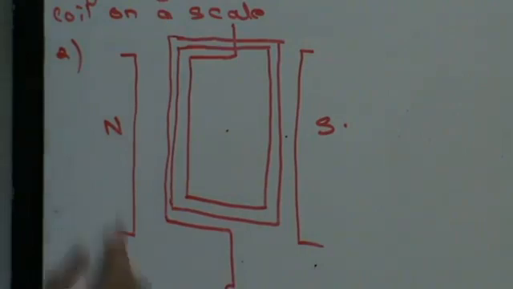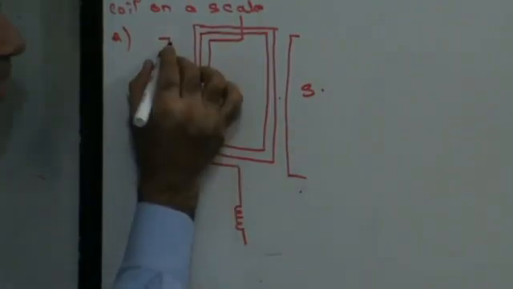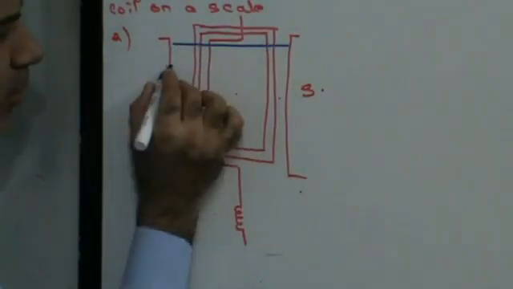Due to this magnet, there is a magnetic induction which I'm going to show you. Let's consider that there is a constant magnetic field B because of the north and the south pole of the magnet.